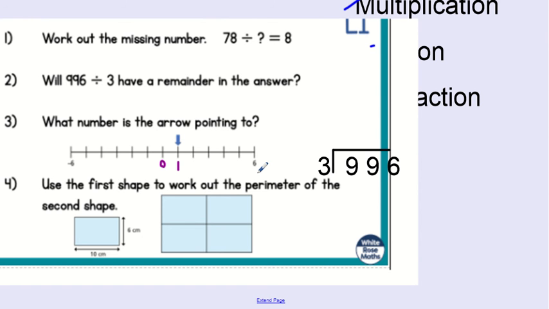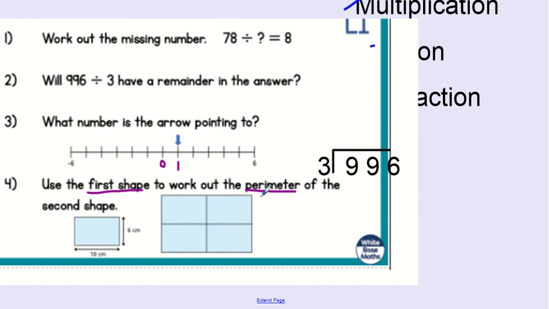Okay, question 4 then. So we're applying now our perimeter knowledge to a little bit of a problem. We've got to do some problem solving. Let's have a read of the question then. Use the first shape, so that's this one here, to work out the perimeter of the second shape. Okay, so I've got to look at the first shape to begin with.